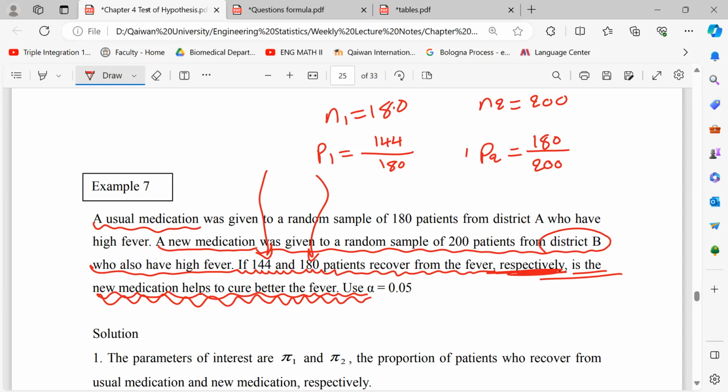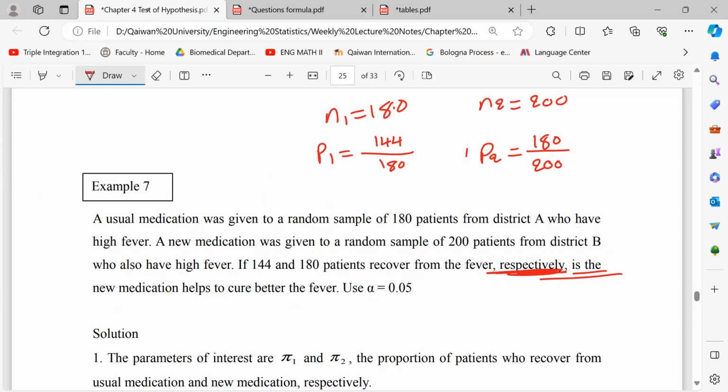It says, is there evidence to show the new medication is better? Means, is there any evidence that pi2 is greater than pi1? Pi2 means the rate of recovered people by using the new medication. And pi1 represents the rate of recovered people by using the usual medication.